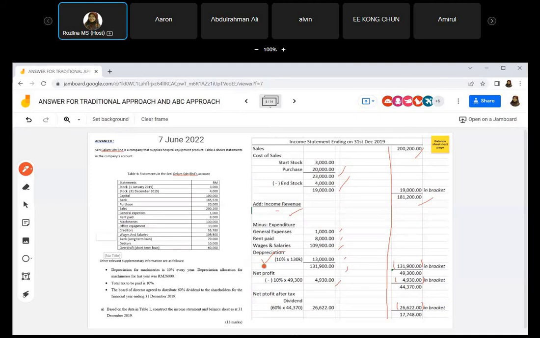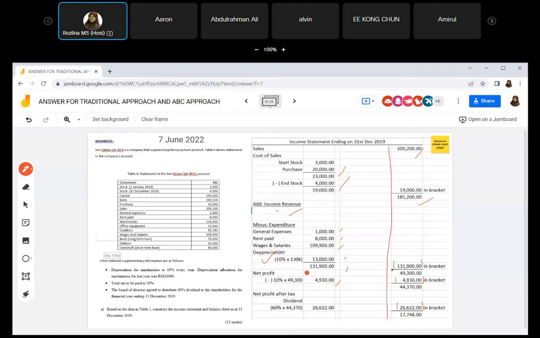So you have to put another depreciation here, or maybe you can accumulate. But I suggest you to split it, because we want to give you marks. If you add both office equipment and machineries depreciation, we cannot see if you do the mistake, so takut hilang lah dia punya markah kat situ.